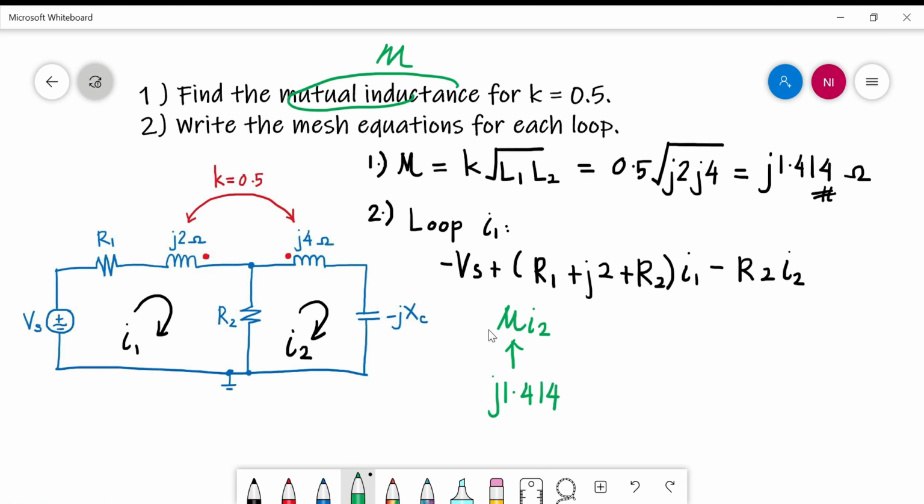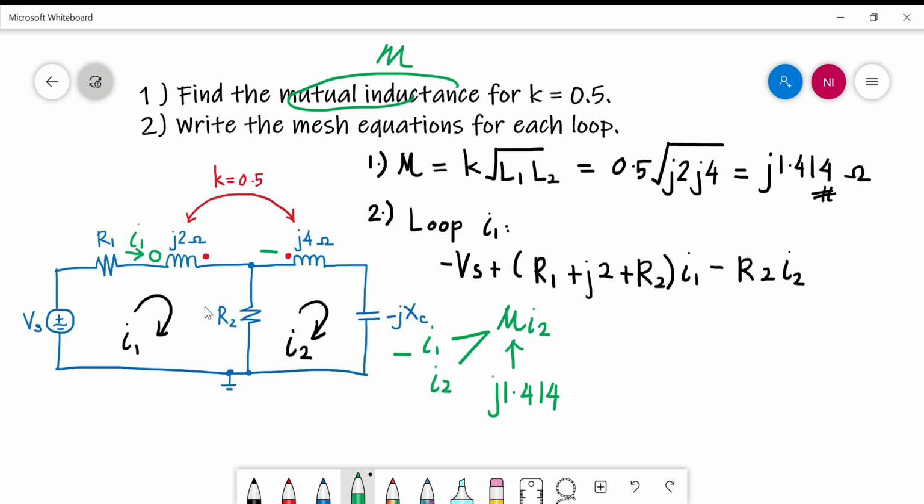Now how do we identify whether this is positive or negative? You must consider both currents, I1 and I2. Look here. I1 is entering the undotted terminal, so this I1 is negative.